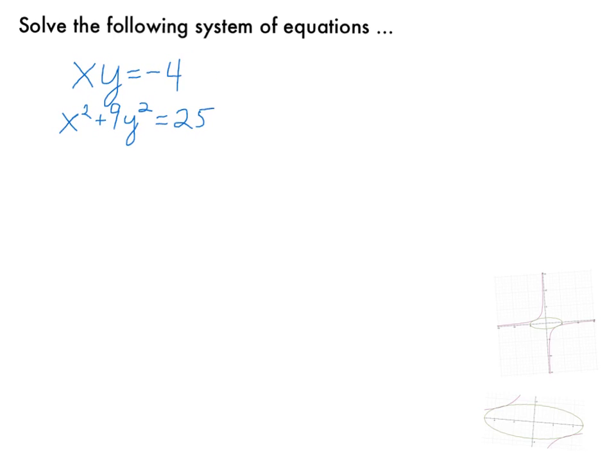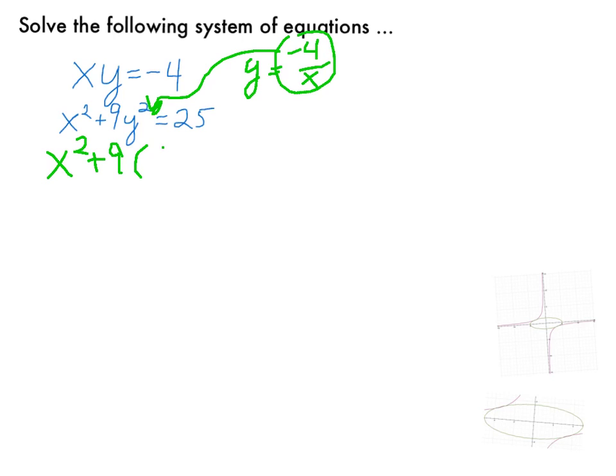So let's do that. If we simplify the top, it doesn't matter. Let's just solve for y. It doesn't matter which one you solve for. That's going to give us negative 4 over x. All right, well, let's take that value and substitute it in for the y there. That's going to give us x squared plus 9 times negative 4 over x, squared, equals 25.